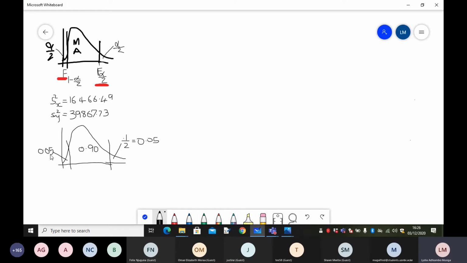So to obtain the F value which is to the right, we need F 0.05, and the degrees of freedom are n minus 1, m minus 1.